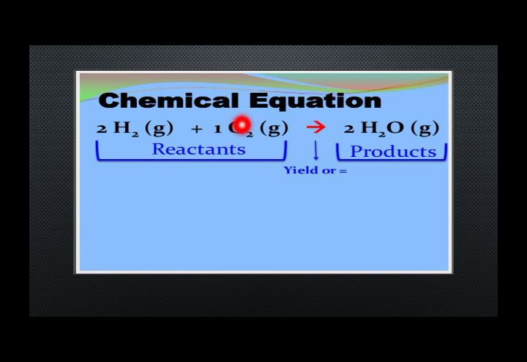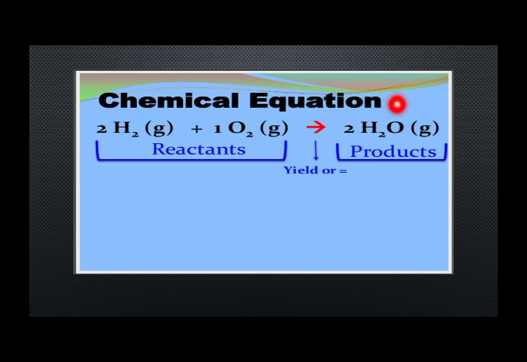So it means that it is one molecule of oxygen. And on the product side, we have two hydrogen atoms combined with one oxygen atom, and it's a complete composition of a water molecule. So under this reaction, when two of the hydrogen molecules react with one of the oxygen molecule, they are forming two molecules of water.